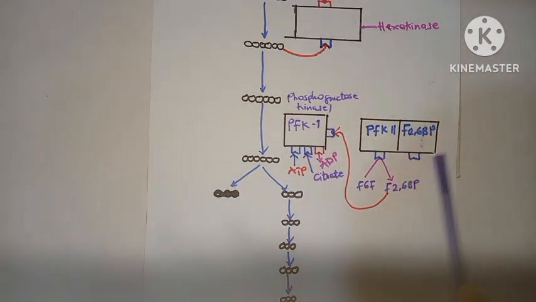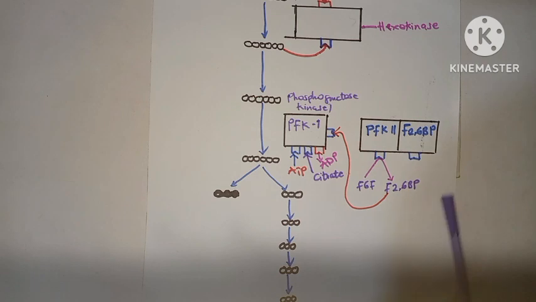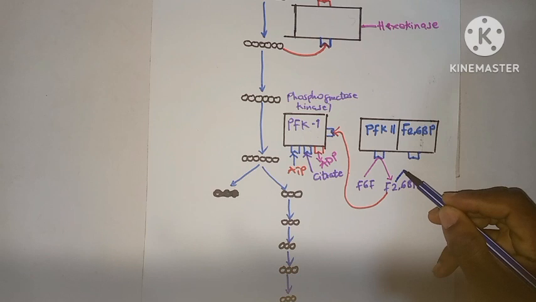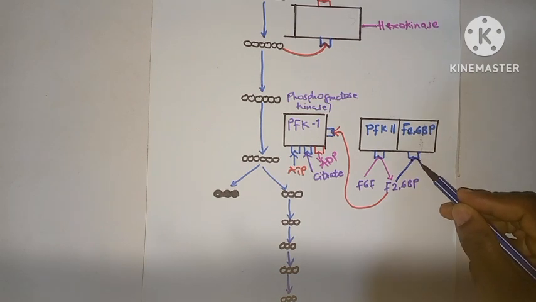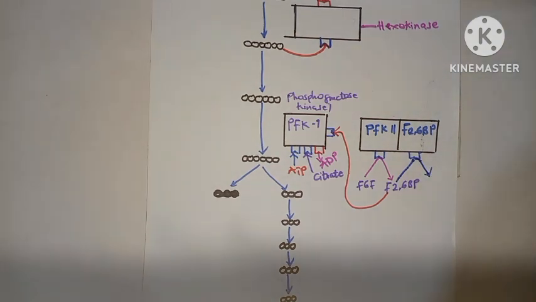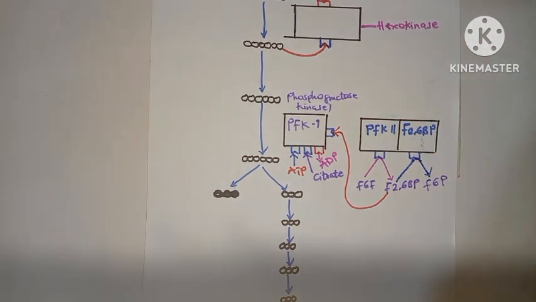This enzyme here, fructose 2,6 bisphosphatase, will come in and convert fructose 2,6 bisphosphate back to fructose 6 phosphate.